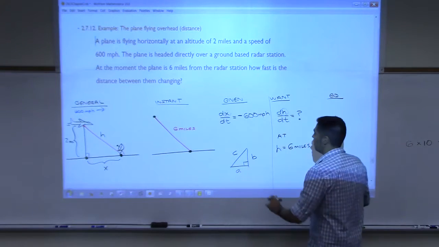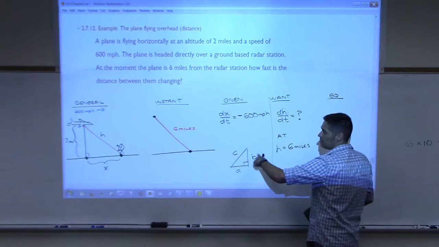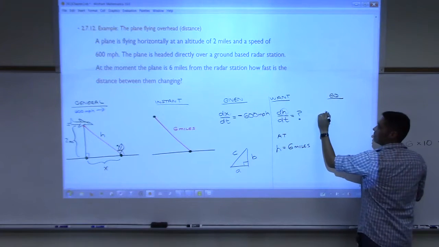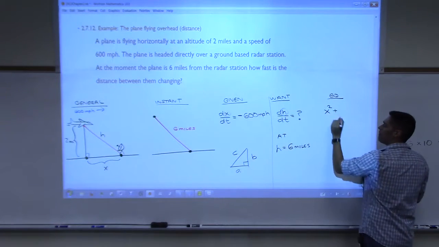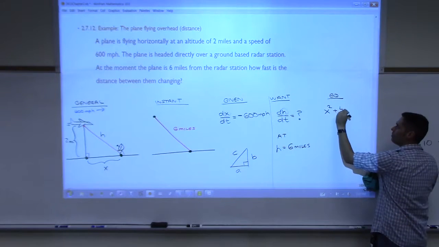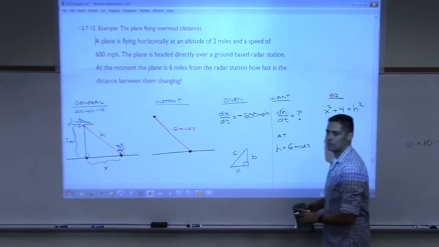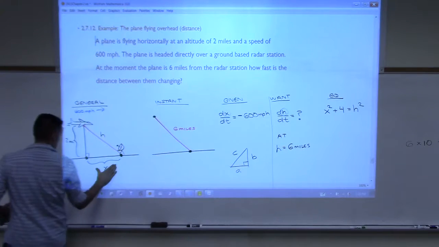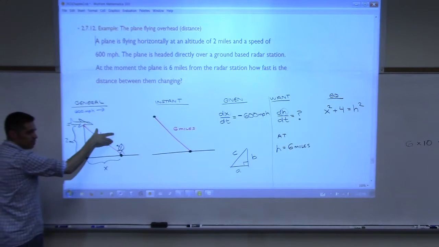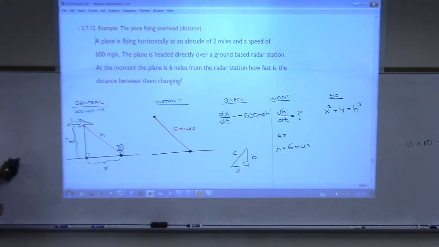So if I rewrite that, using this, I'll have x squared plus 2 squared, which is 4, must equal h squared. Remember, this side doesn't change. That's key. If he's changing altitude, that's a whole different problem.